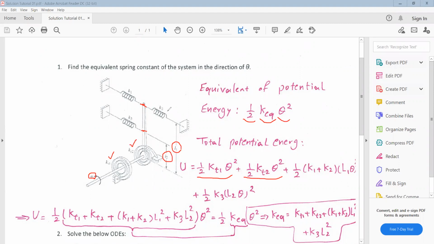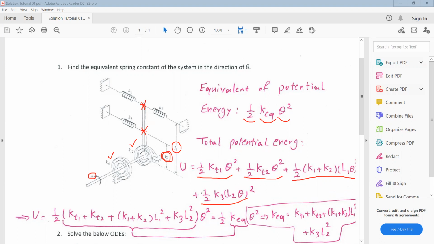For K1 and K2, as I told you, they are parallel, so it will be half times (K1 plus K2) times the displacement of this point, which is L1 theta, squared. And finally, the last spring, K3, is half times K3 times its displacement for this point, which is L2 times theta, squared.